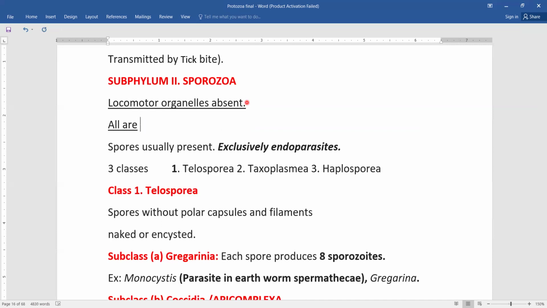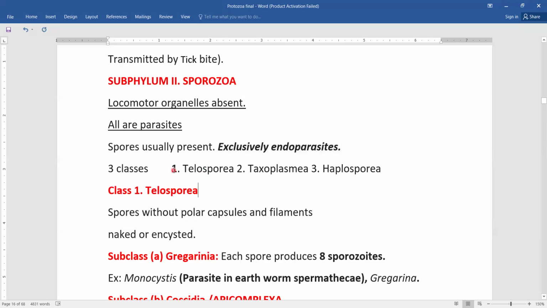All these animals are parasites, the sporozoans. Spores are usually present. They are exclusively endoparasites, they live within the host body, not external to the host.